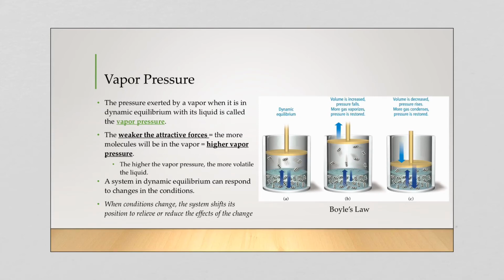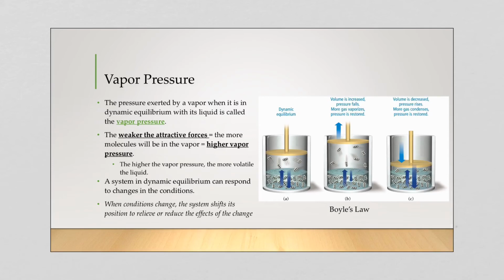So vapor pressure is just simply the pressure exerted by the vapor above the liquid when you're at dynamic equilibrium. Now, we can talk about vapor pressure at other points, but that's sort of the measurement point, right? It's whatever the pressure is once you reach that state.